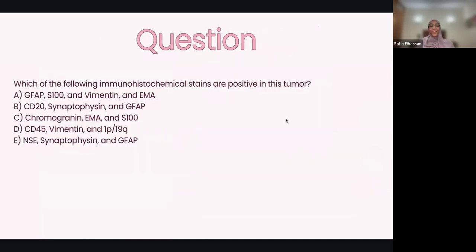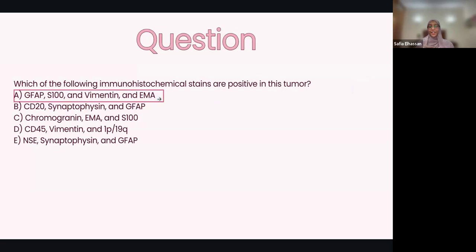Okay, which of the following immunohistochemical stains are positive in this tumor? Okay, I'm getting an A and a B. And a D. Okay, the correct answer is A, GFAP, S100, Vimentin, and EMA.